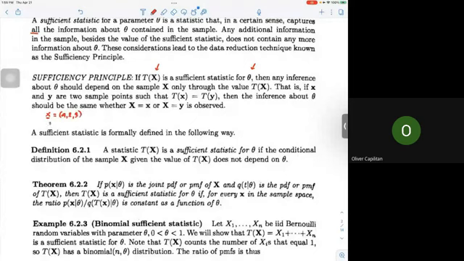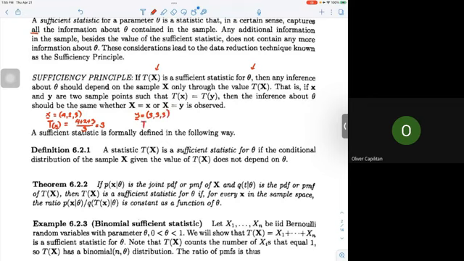And then the realized value of our sample mean, T of x, would be equal to the mean: 4 plus 2 plus 3 divided by 3. So we have 6 plus 3, 9 divided by 3. So the answer is equal to 3. And then we have another sample point y, which is also a vector of values, say containing 3, 3, 3.